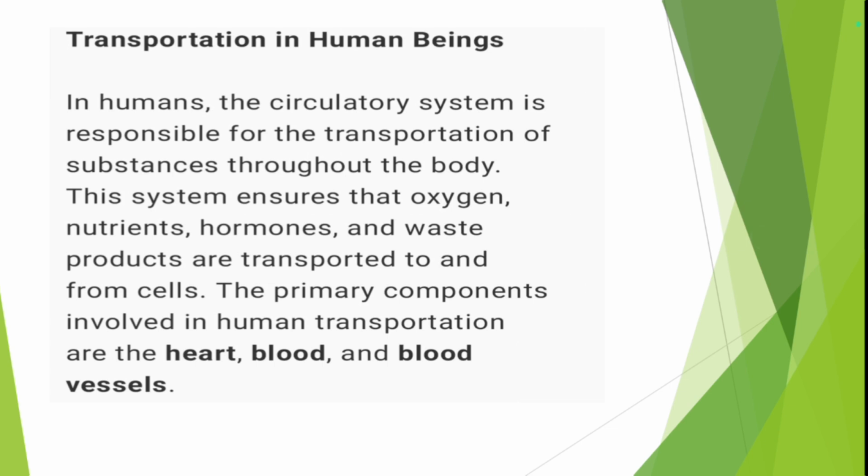Transportation in human beings. Okay, when we read about the plants, there are only two main keywords, namely the xylem and the phloem. But when we talk about human beings, as they are multicellular organisms, not unicellular, sorry, they have a complex circulatory system which helps in the circulation of different types of nutrients, and also helps in the removal of waste products, and the blood also carries hormones and other things.